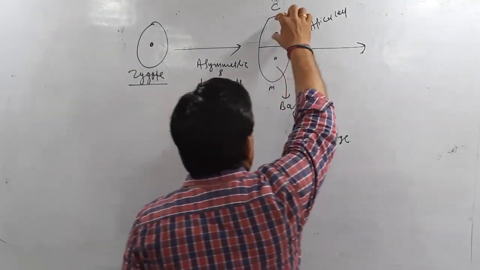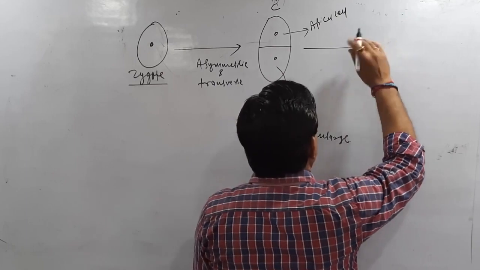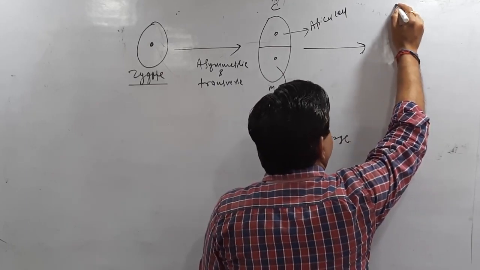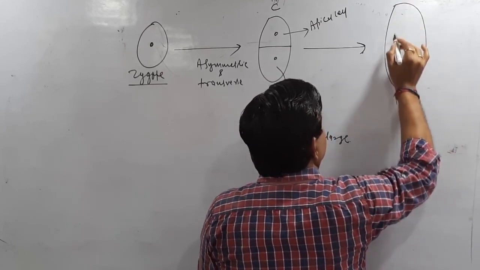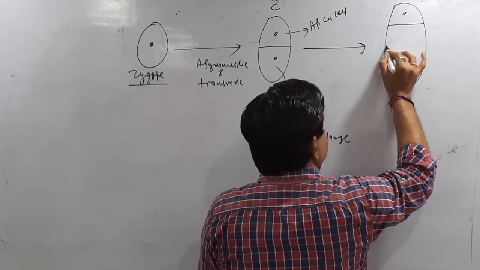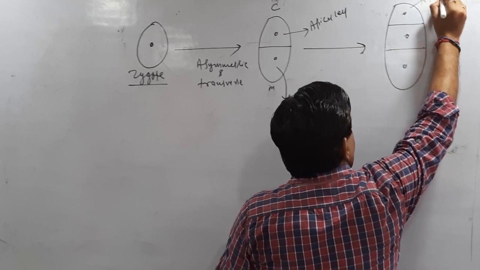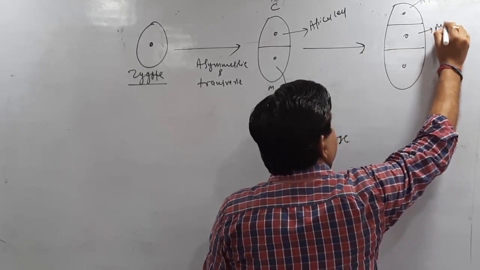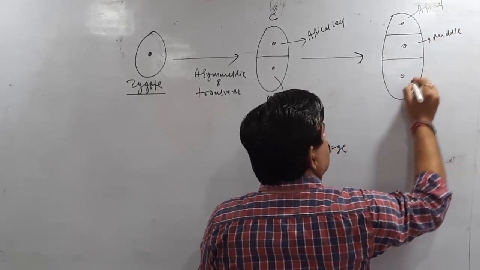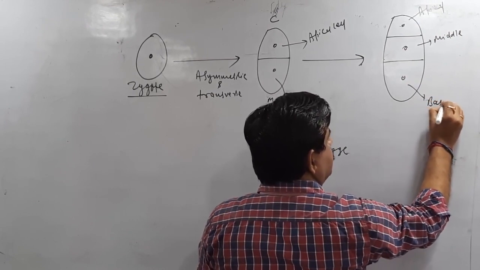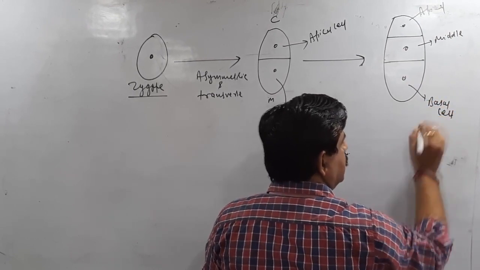Now the apical cell divides again. The division is transverse. This results in three cells. One is the apical, second one is the middle cell, and this one is the basal cell.